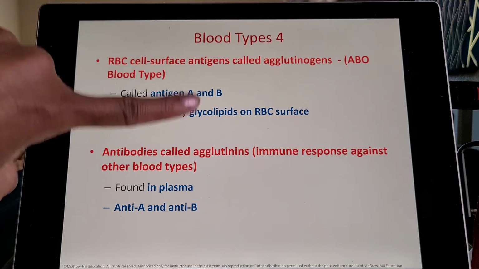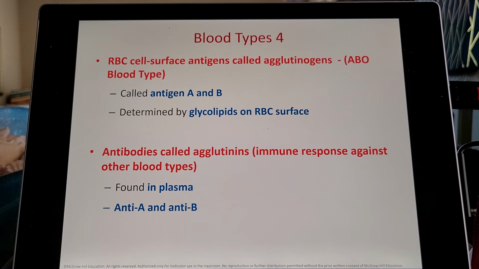So again, these are glycolipids on our red blood cell surface. And again, the antibodies, which would bind to these two different types of antigens, are found in plasma of other blood types. So if someone is A blood type, then they'll make a marker against B. So only against what type of blood is foreign to them.